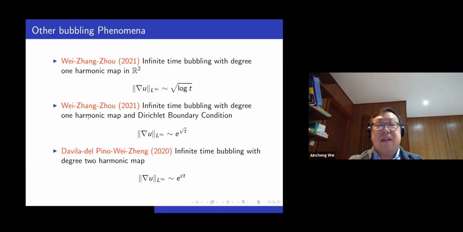And the other type of bubble solutions: infinite time blob with the degree 1 harmonic map, but with a different blob rate. One is the quotient problem, another one is the condition problem. And you also have infinite time blob with the degree 2.